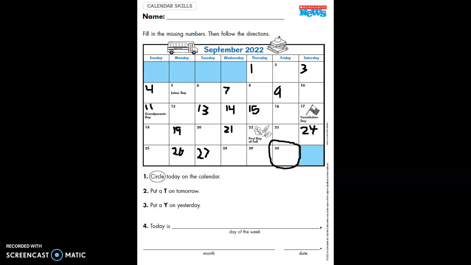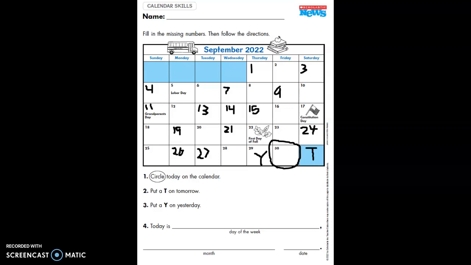Put a T on tomorrow. Tomorrow will be here. You can follow along on the calendar I have at the front of the class. Put a Y on yesterday. Yesterday was the day before, so I'm going to put a Y on yesterday.